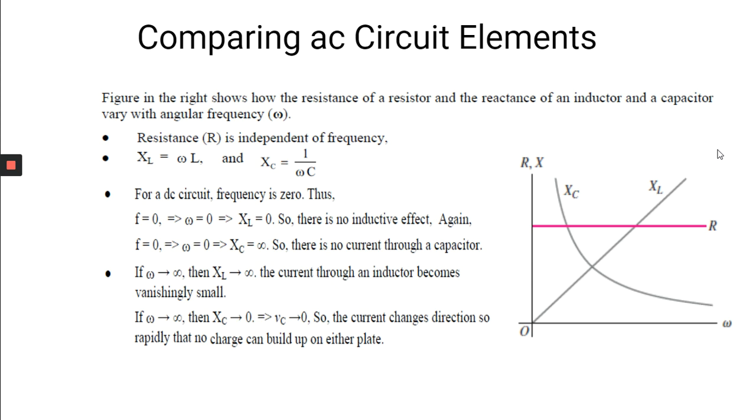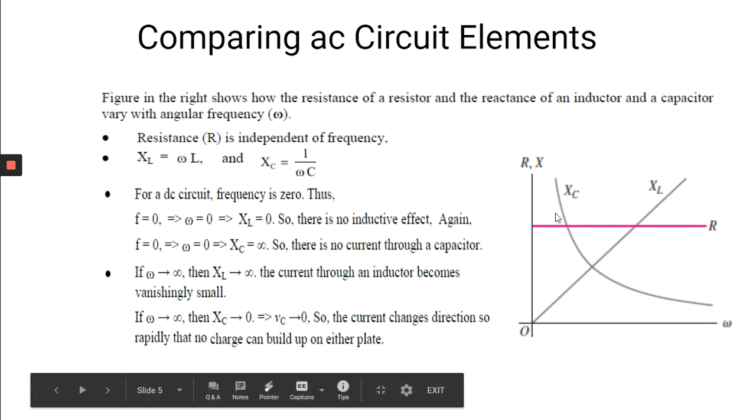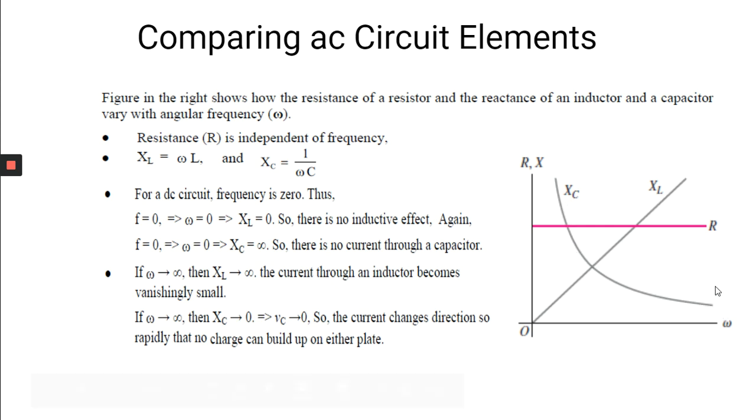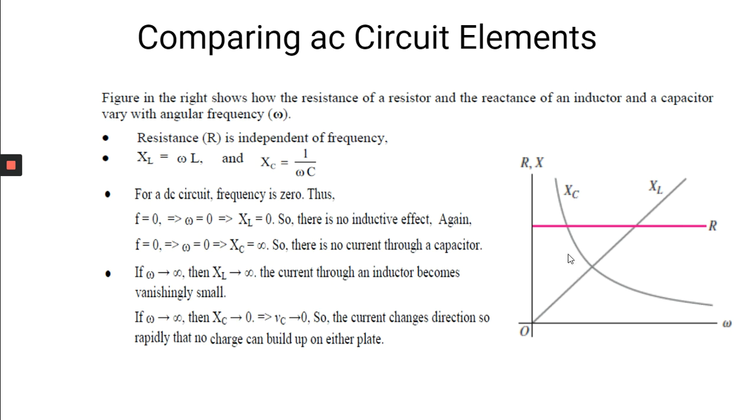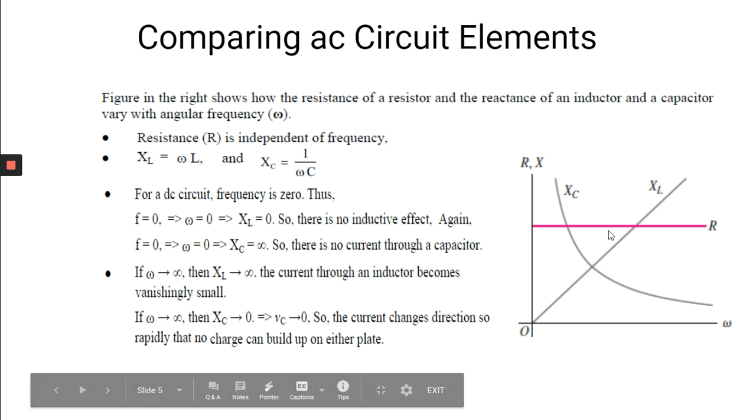So if the frequency is very high, it is very difficult for the inductor to carry the current. Now see XC: it is inversely proportional to omega. And the resistance doesn't depend upon omega. So you can compare this: resistance doesn't depend upon omega, XC is inversely proportional to omega, and XL is directly proportional to omega.